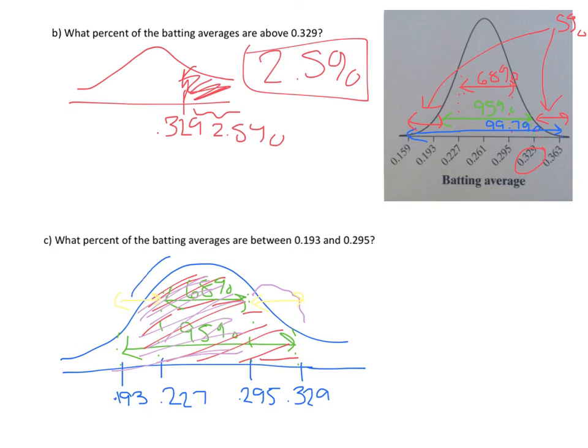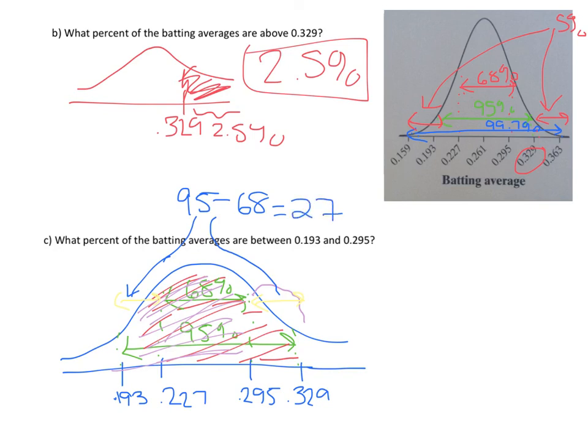So we know that these two things right here and 68 are going to add up to 95. So we can find the area of both of those yellows by doing 95 minus 68. When we do that, we end up getting 27.